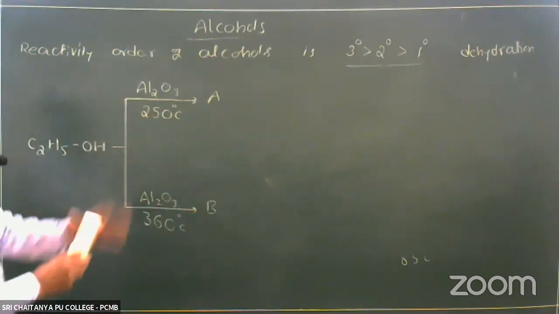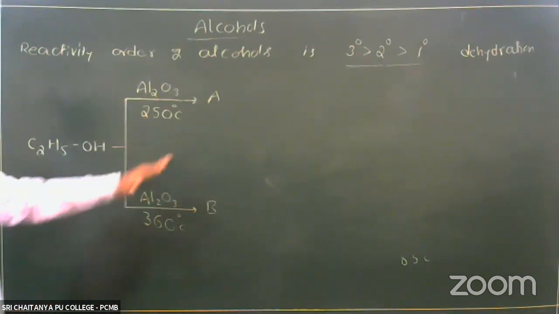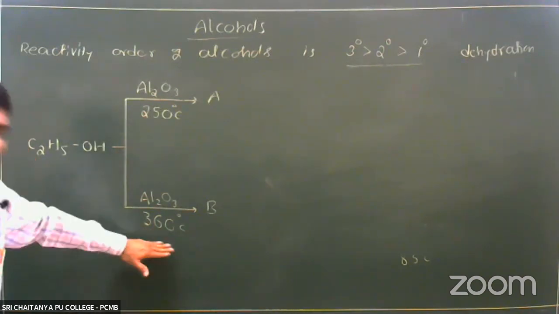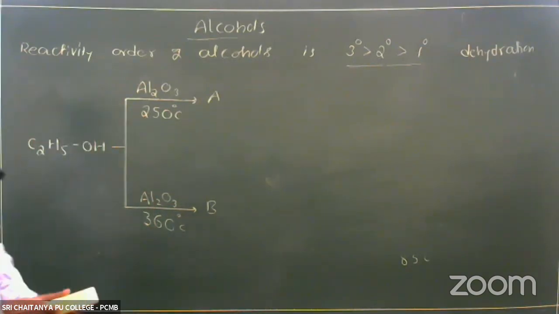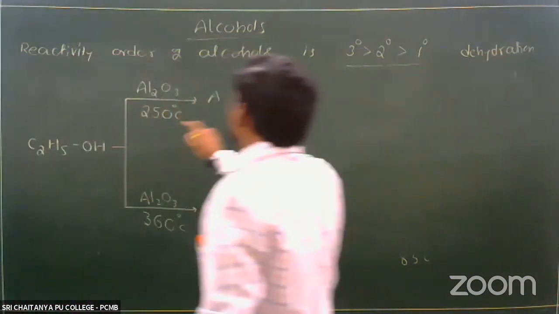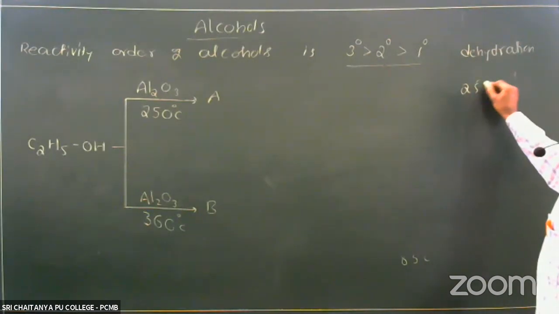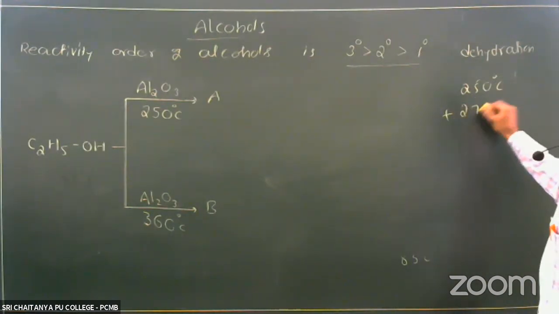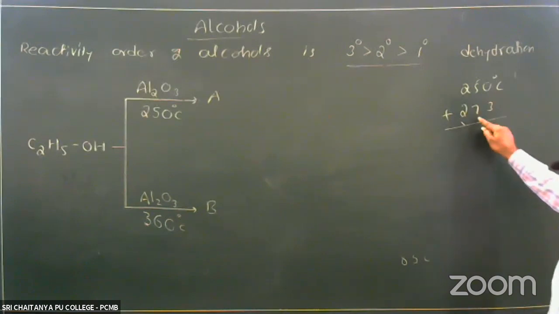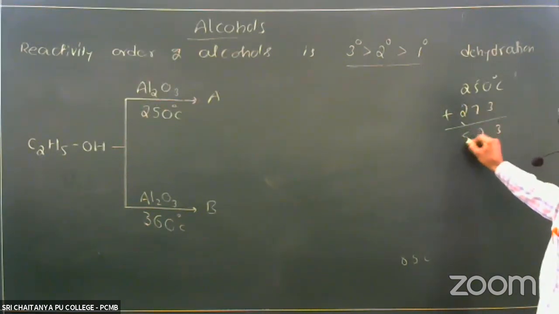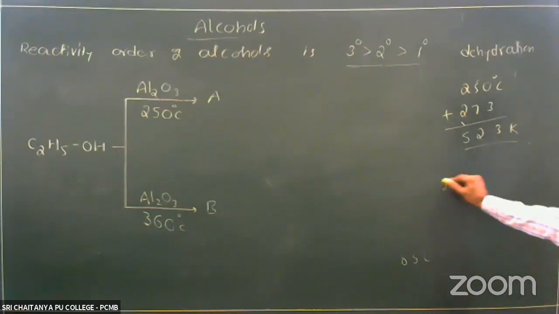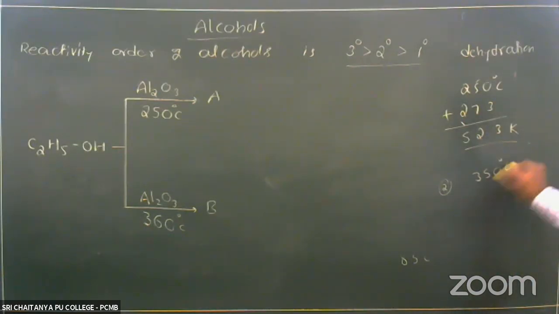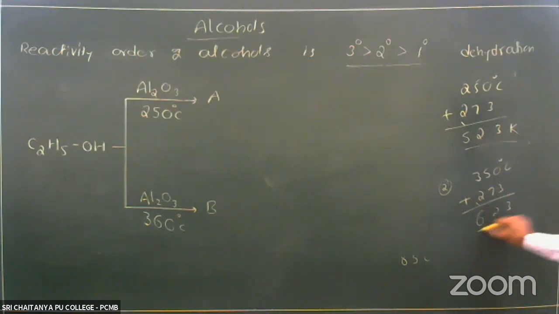Plus or minus 10 gives the same product. 250 degrees centigrade in Kelvin, add 273, is 523 Kelvin. Next, the second one, 350 degrees centigrade, add 273, is 623 Kelvin.